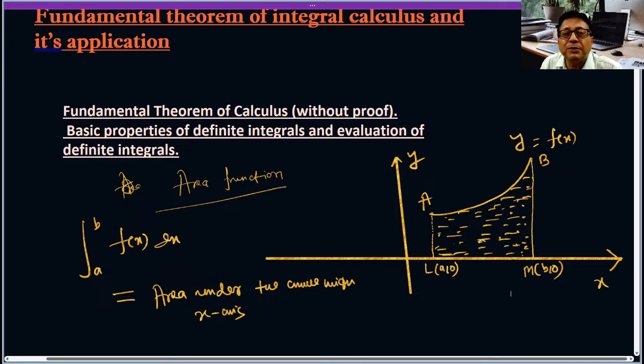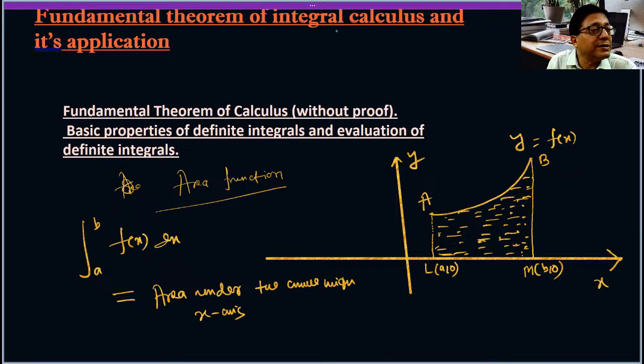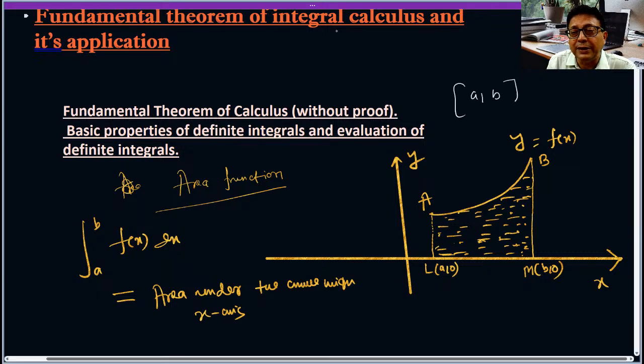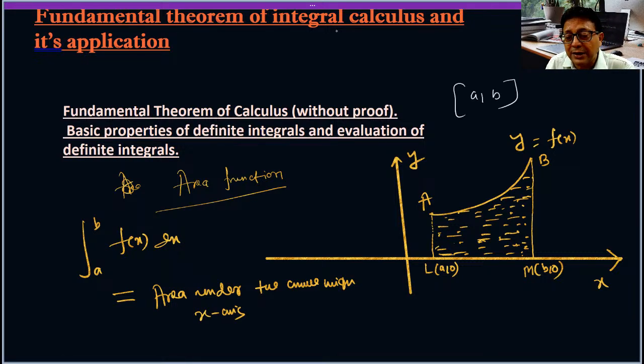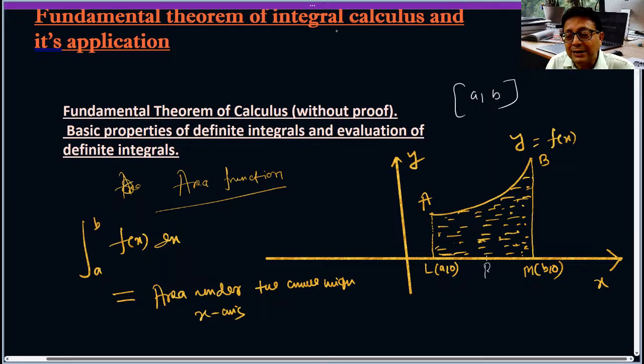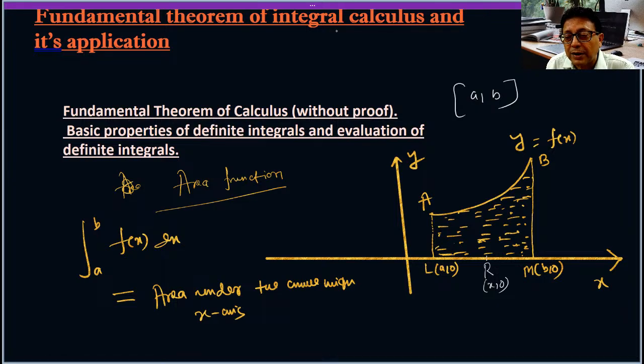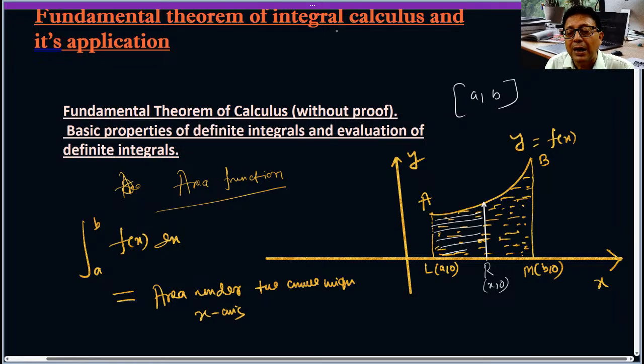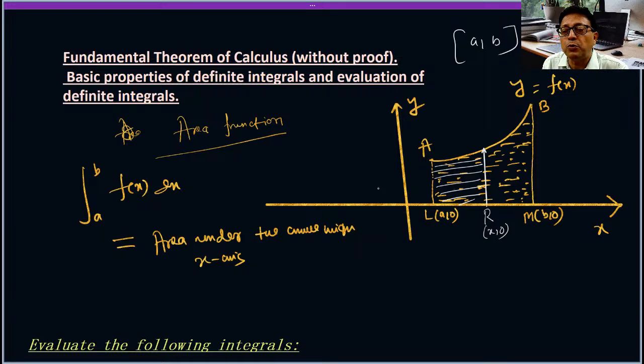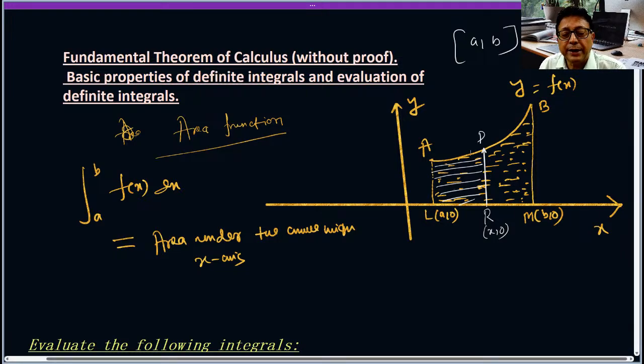Then where does the concept of area function arise? See, here the interval is A to B. Instead, we consider the interval from A to x. Consider A to x and this portion of area. According to this definition, how to find the area of this portion, APLR?